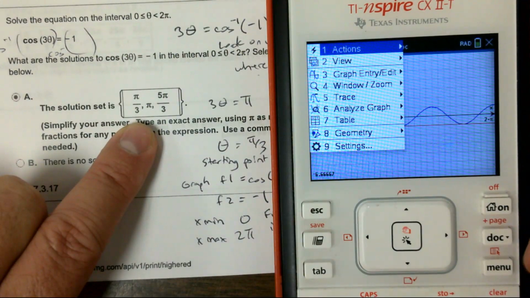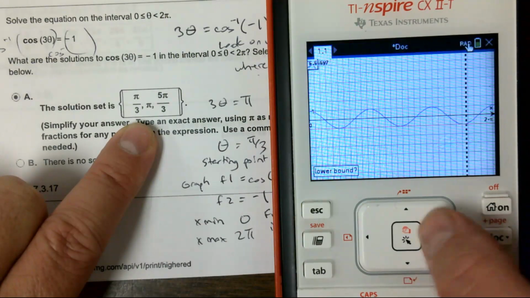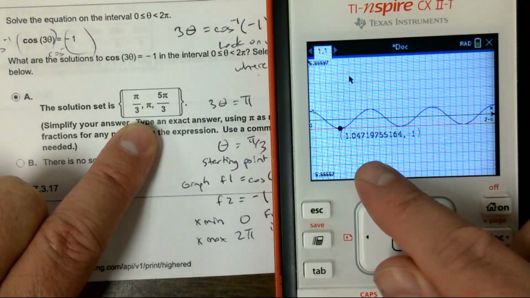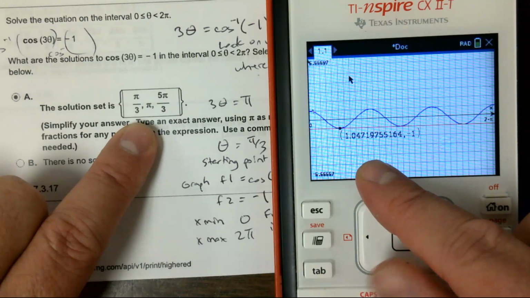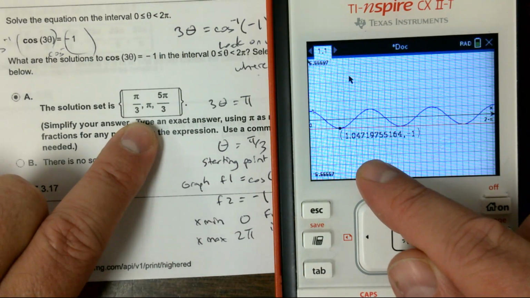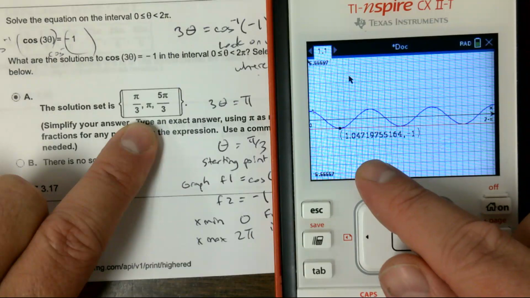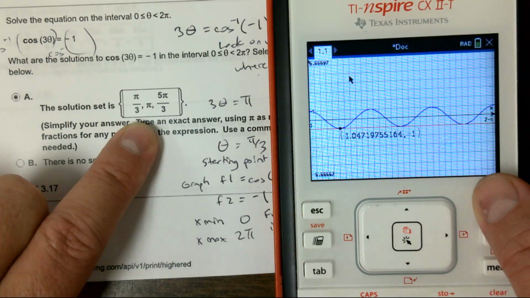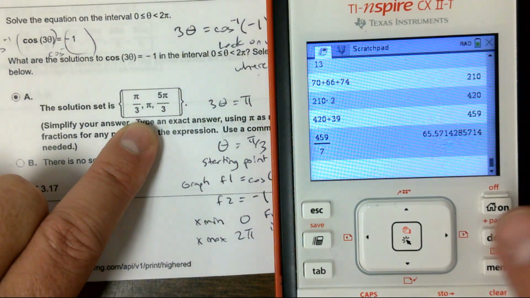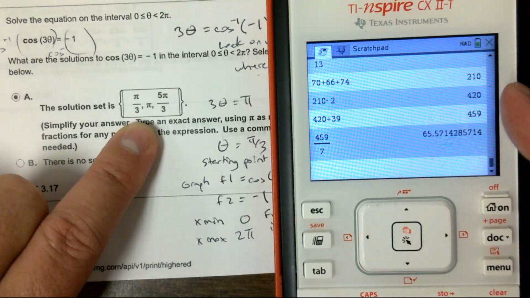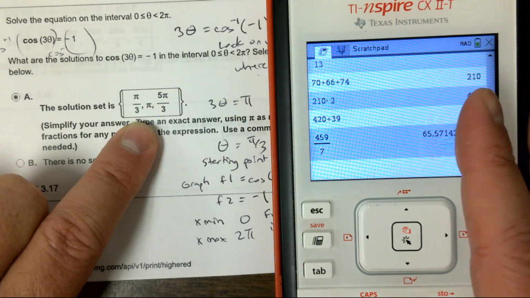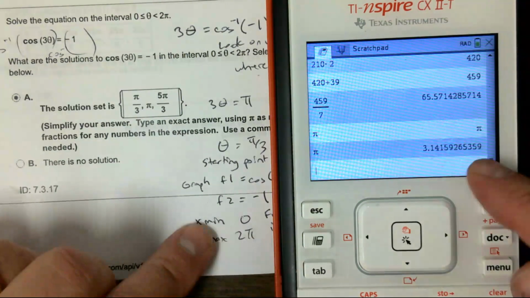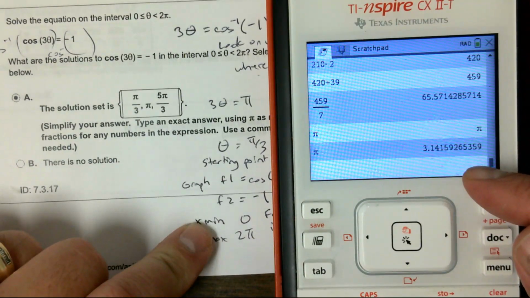Menu, analyze, intersect, between here and here. That's the 1.047. Well, that's bigger than 1. Sorry, that's bigger than 1. And so if you say pi, that's the 3.14 stuff.